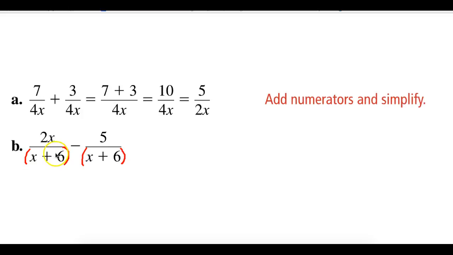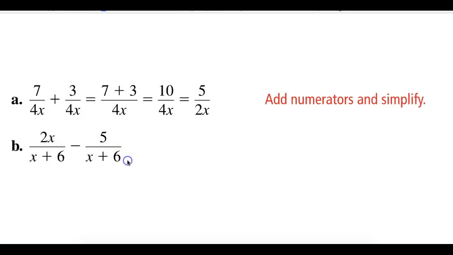So this x plus 6 is combined in parentheses. That's important to remember. If you're canceling things out, you cannot cancel these x's out right here because this x is inside of these parentheses. So you have to look at both terms as a whole. Your denominator here is x plus 6, that's your single denominator, and your denominator on the second one is x plus 6. So right here you do have like denominators.